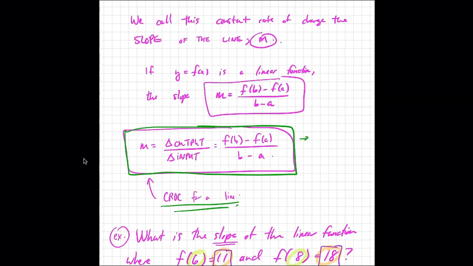So again, you can predict what the units are going to be of this. If you're talking about a paycheck, this is going to be dollars per hour, if your input is time and your output is the paycheck. You can talk about miles per gallon if you're talking about distance gone per gas used. Right, these are going to be rates of change.